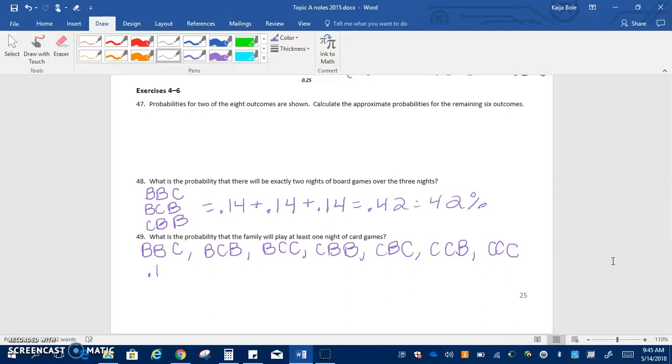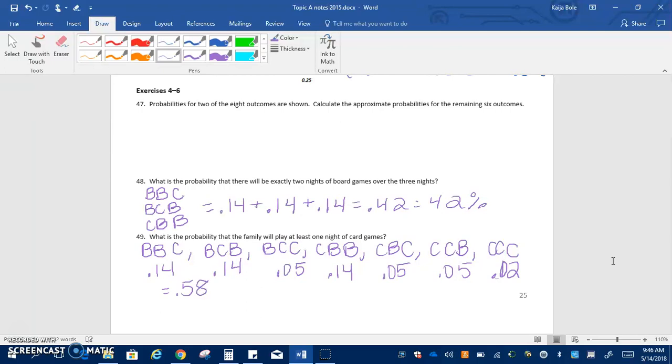So we would have 0.14, we'd have 0.14, 0.05, let's see, C, B, B, I lost my place, this is 0.14, C, B, C, this is 0.05, C, C, B is 0.05, and then all C's is the 0.02. So if you add all of those up, you would get a grand total of 0.58.